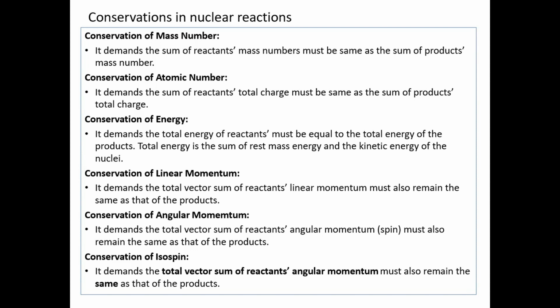This idea is called isospin conservation. A nuclear reaction can proceed if all these conservations are obeyed.